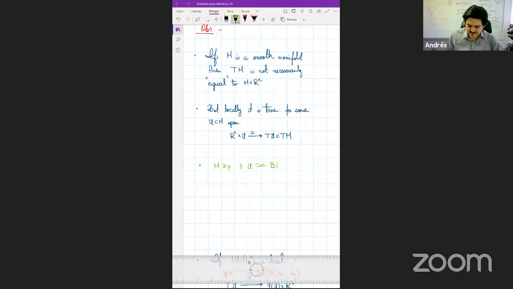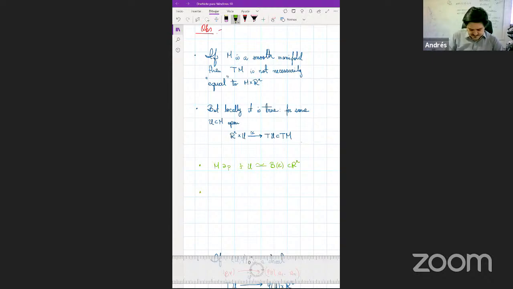An open ball in Euclidean space. Okay? And a manifold is constructed by gluing all of these U's. And they are glued in a way that the transition functions are smooth. So that's a rough idea or a concept of a manifold. We are gluing open sets of Euclidean space. We are putting them together to create the manifold.